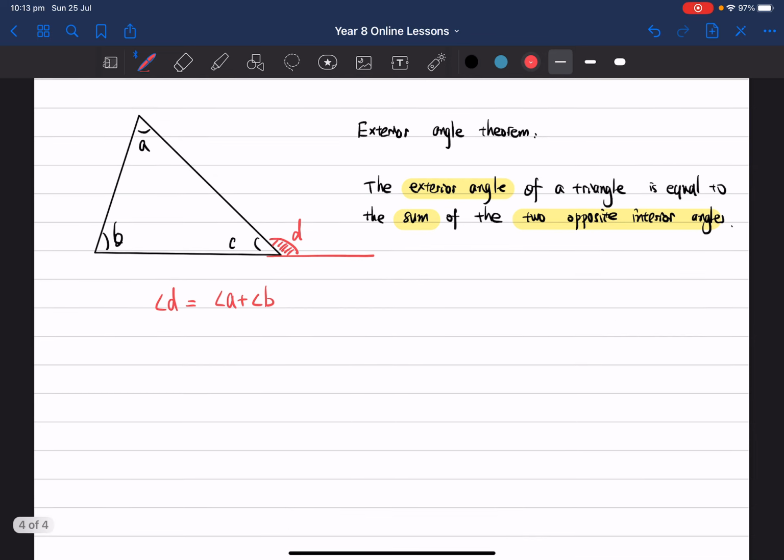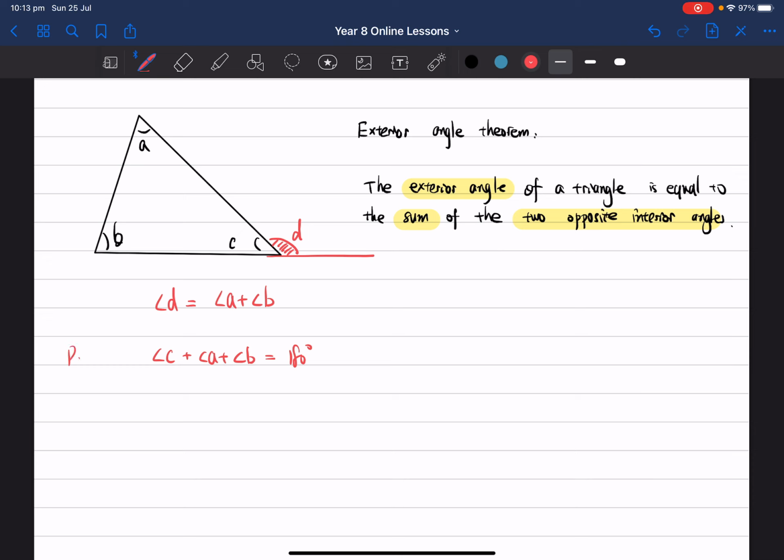Now, how do I prove this and why is it true? It's actually pretty straightforward. What's the reason why angle D is equal to angle A plus angle B? Well, if you look at angle C, angle C plus angle A plus angle B equals 180 degrees.